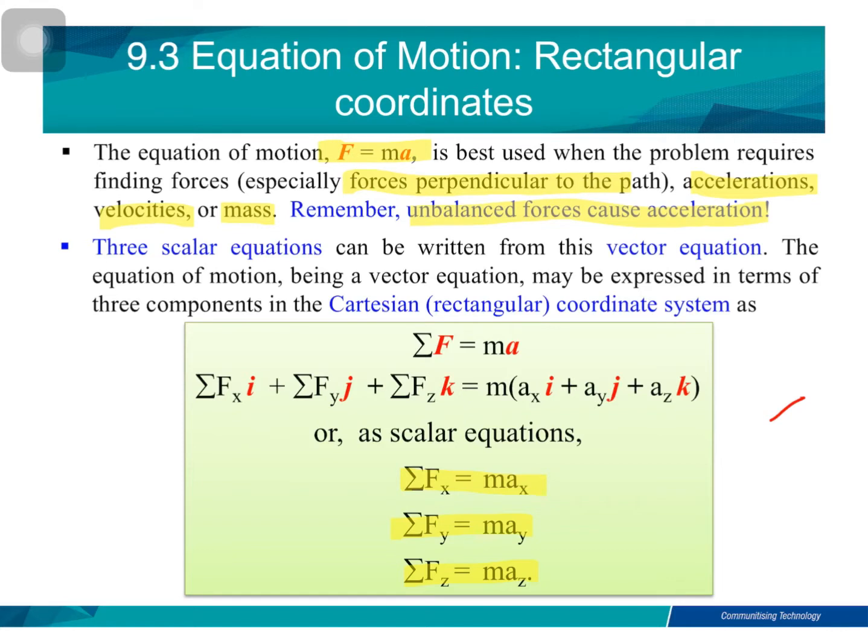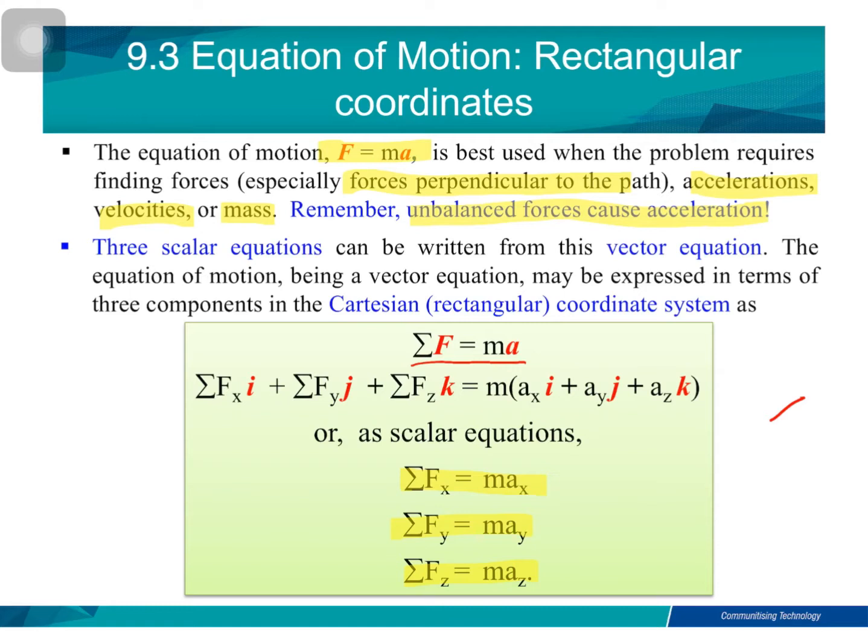Number 2, we have 3 scalar equations that can be written from the vector equation. The equation of motion, being a vector equation, may be expressed in terms of 3 components in Cartesian, or we call it rectangular coordinates.